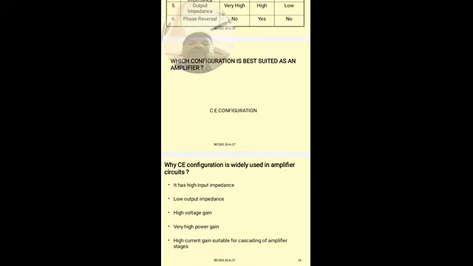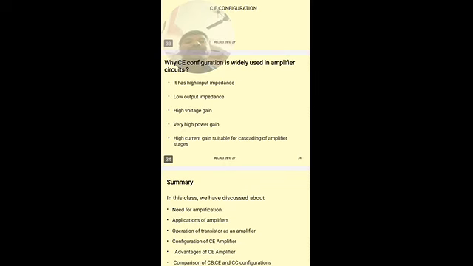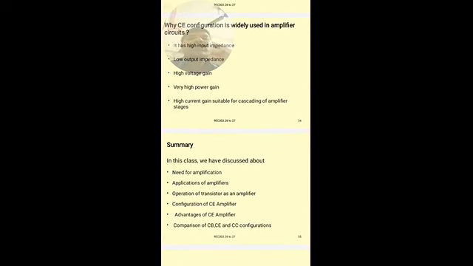So we have a high power gain, which is not possible with the other two configurations, CB and CC. Only with the CE can we amplify both the voltage and current signal, so we have a power gain, hence CE is the widely used configuration.